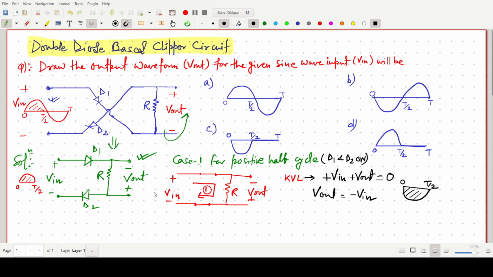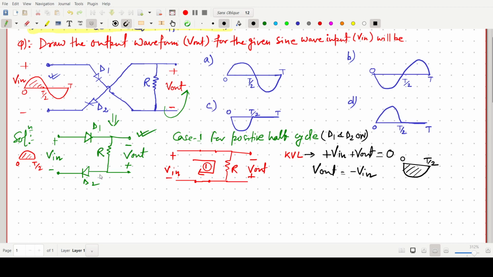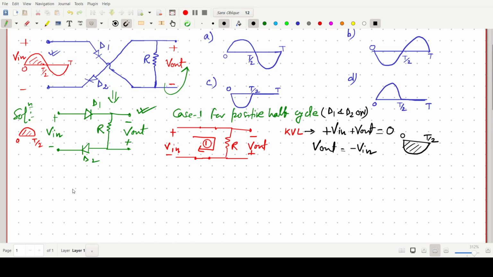Now for the negative half cycle, both the diodes will be reverse biased. These are very simple numericals. For the negative half, T by 2 to T, the current will be 0.